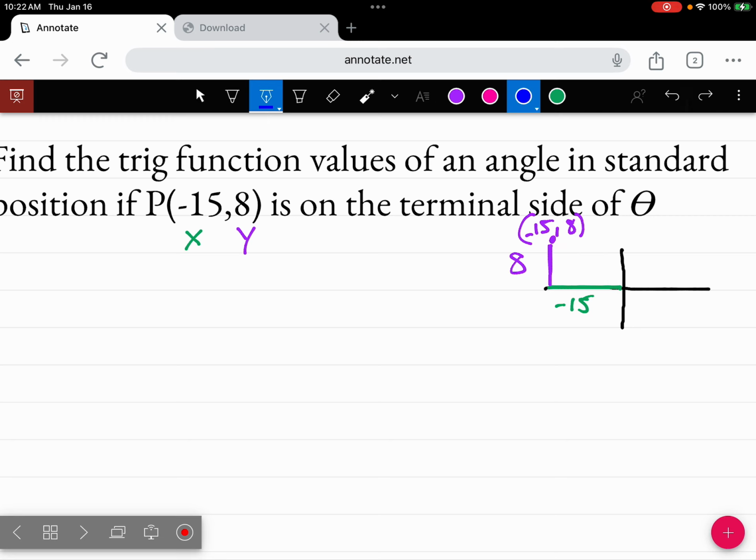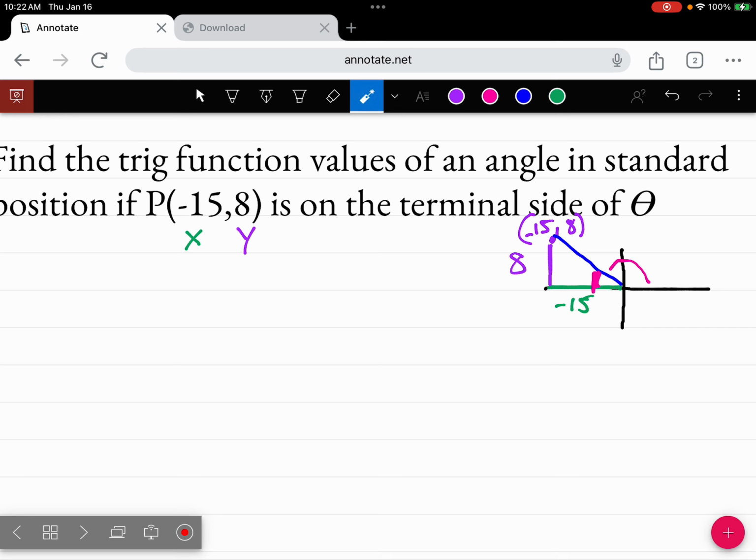Even though we're in quadrant 2, and we're technically looking at this angle, we're using this coterminal angle here as the angle that we're staring at. So it's this little inside one here. It is always going to be the one that's at the origin. Always. Every single time it's at the origin. That will always give us that x is our adjacent.